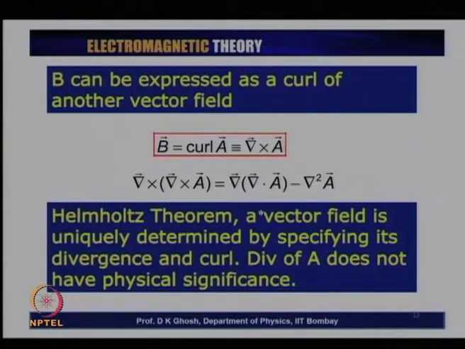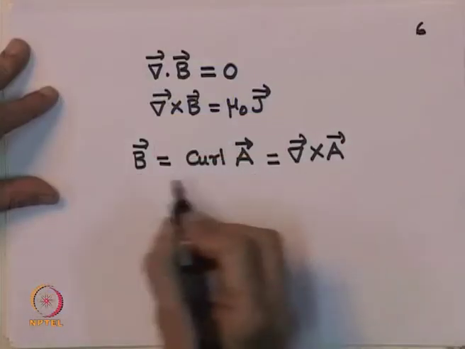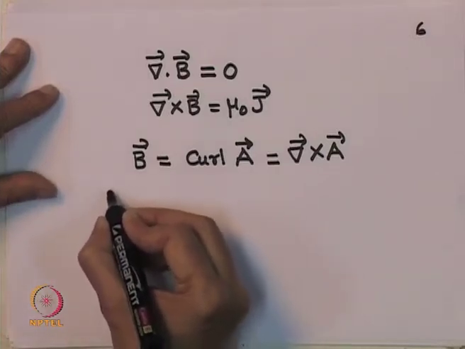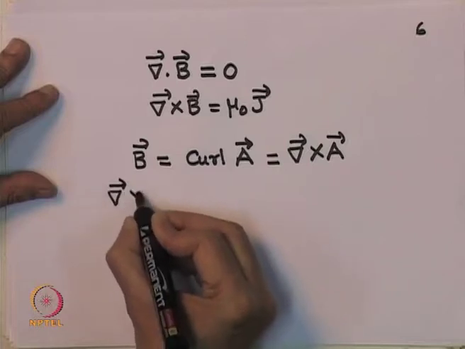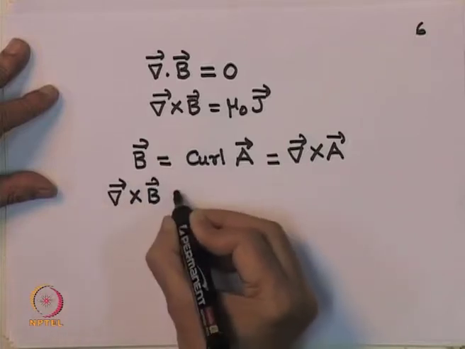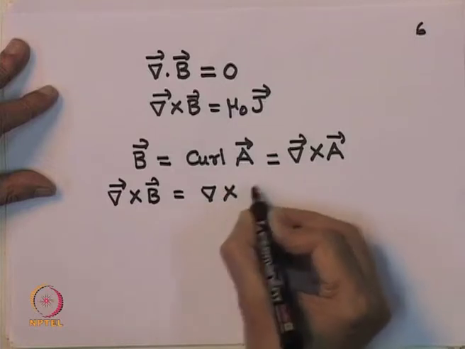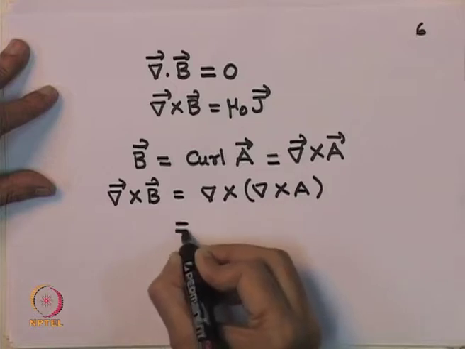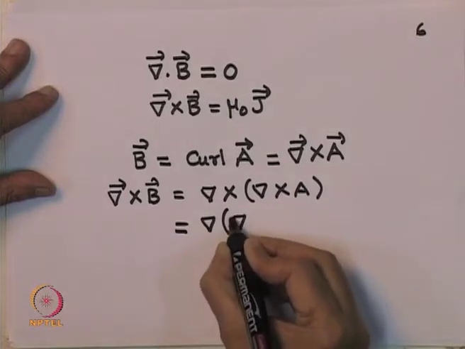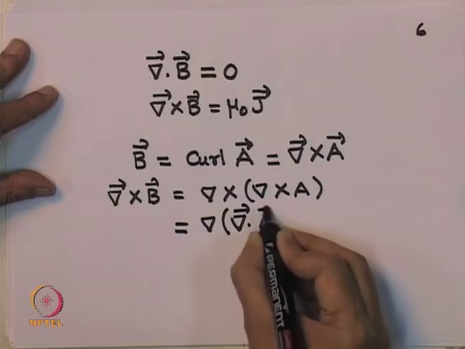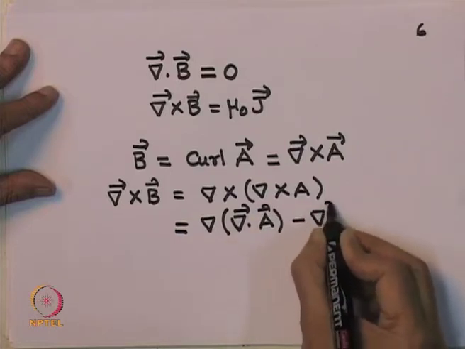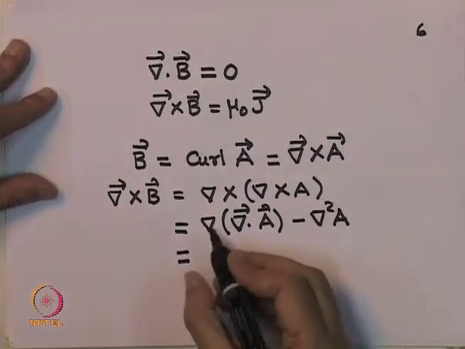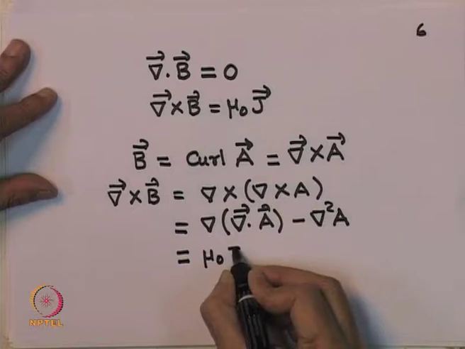Since curl of A is B, let us look at what it will give me for curl of B. So, curl of B is the same as curl curl of A, that is equal to del of del dot A minus del square A, and according to my Ampere's law, this quantity should be equal to mu 0 J.